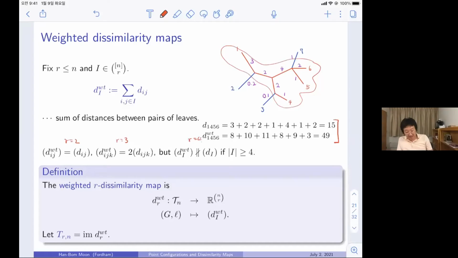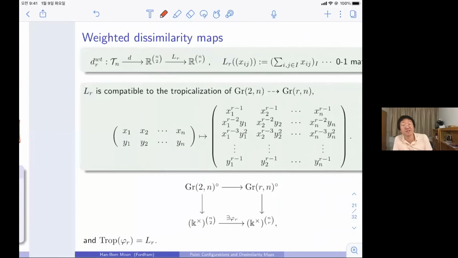Now we can define the weighted R-dissimilarity map in the same way, and we can define T_R,N as the image of this weighted dissimilarity map. So everything is parallel. But now our claim is that this is, in some way, a very good and reasonable definition. And here are some reasons.